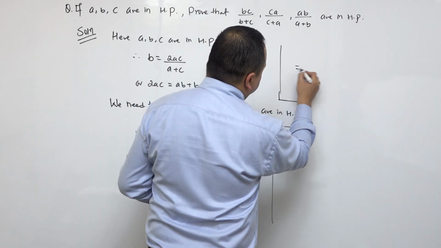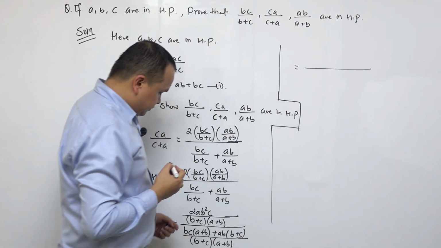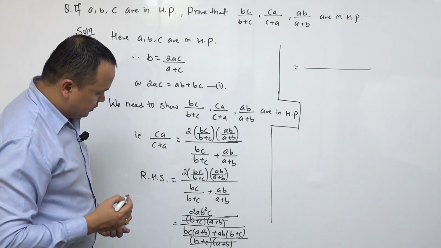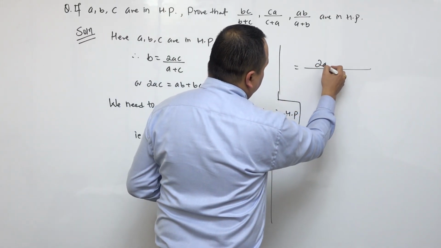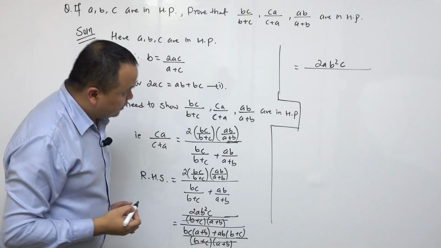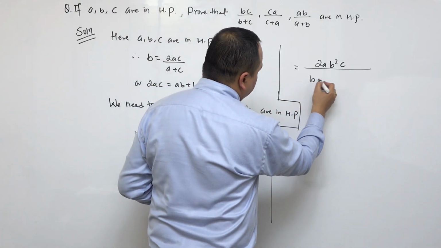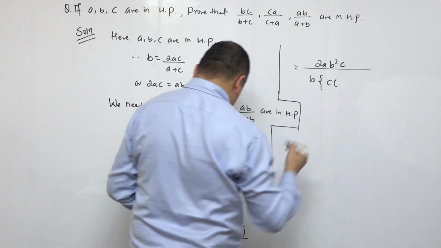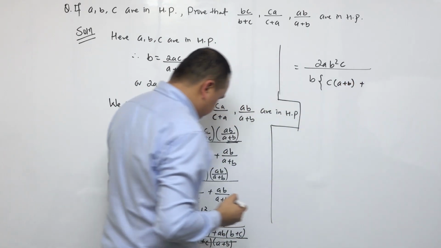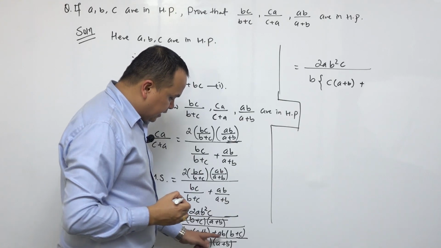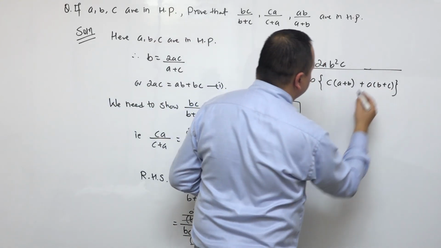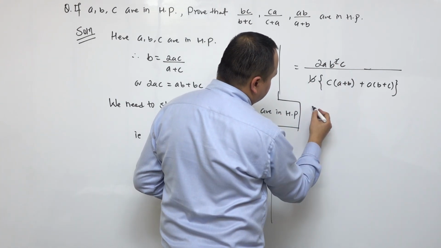Or this cancels, then 2AB square C. Here B is common, so B times C times A plus B, plus B is common, then A times B plus C. Here B again cancels.